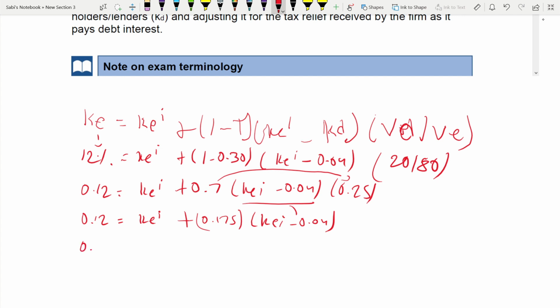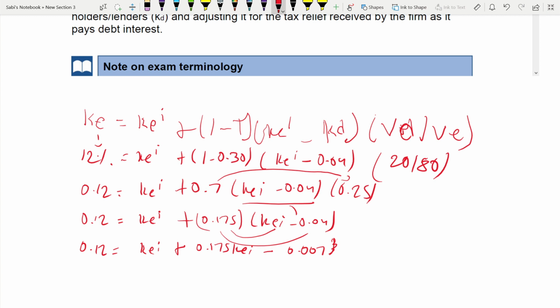Now 0.12 equals KEI plus, multiply the outside of the bracket with the inside of the bracket. It will be 0.175 KEI minus, we are basically opening the bracket, so 0.175 into 0.04, use a calculator, it will be 0.007.